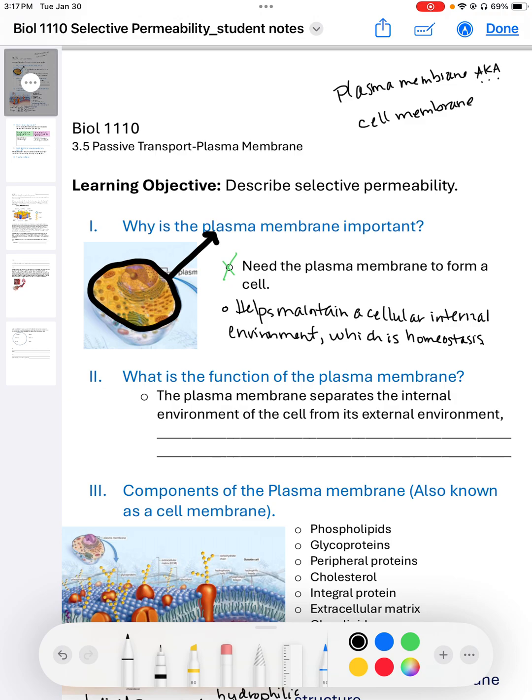So when we're talking about the plasma membrane, we have to highlight what its function is. So what is the function of the plasma membrane? Well, it says the plasma membrane separates the internal environment of the cell from its external environment, and it does so by controlling what molecules enter or exit the cell.